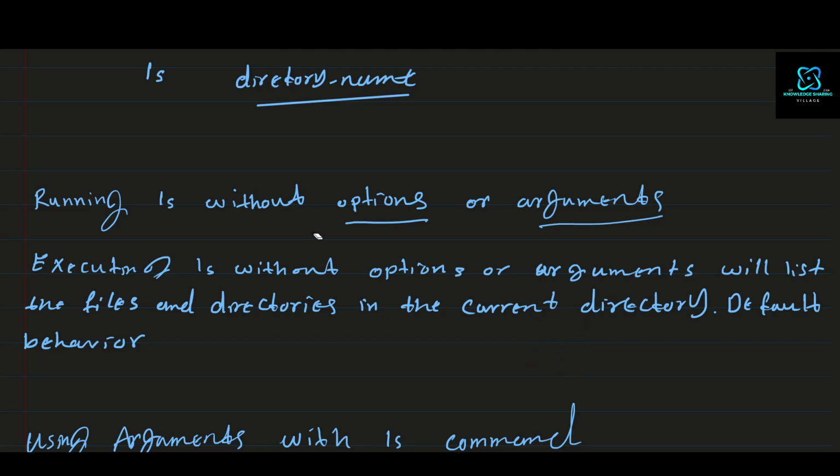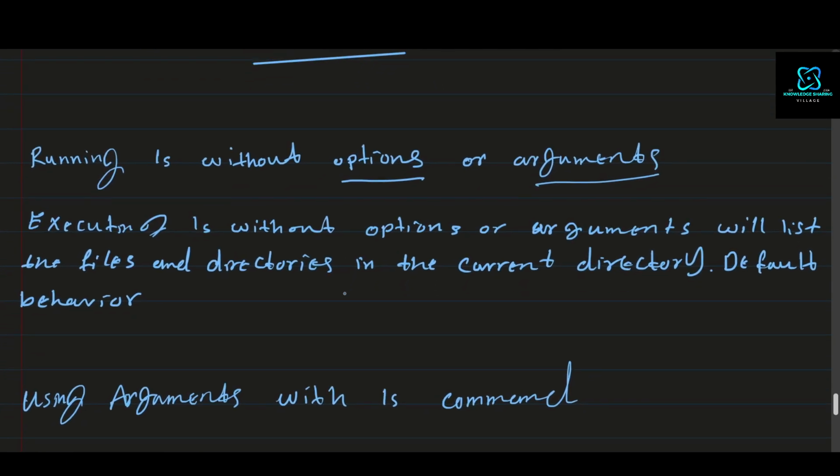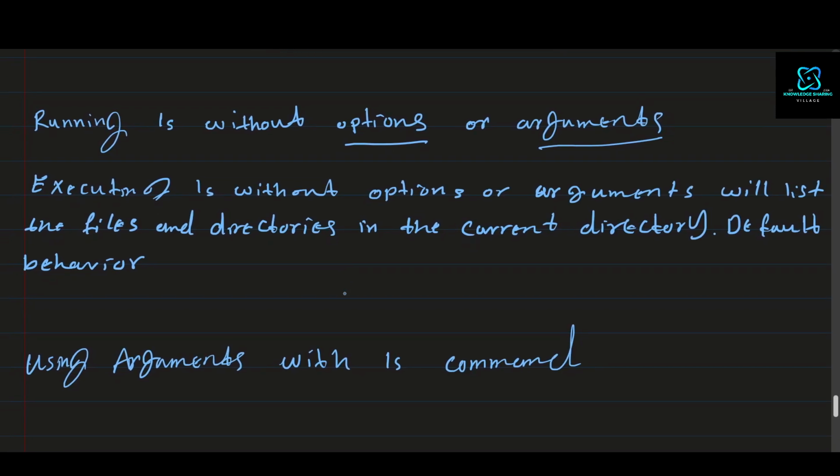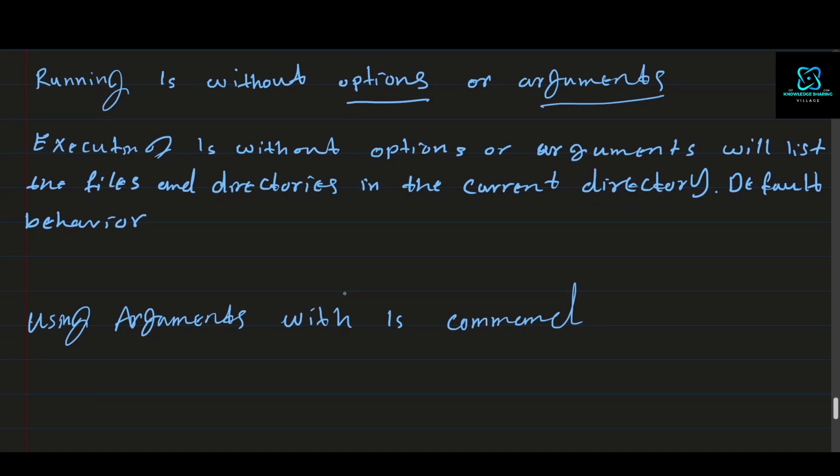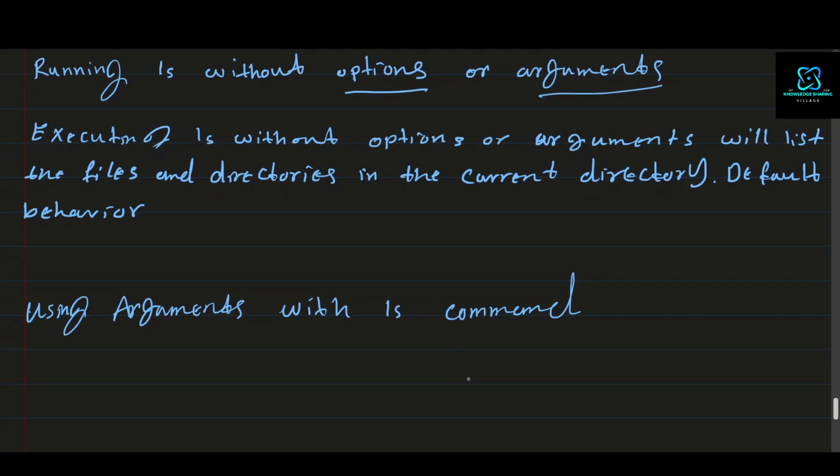So in the next scenario, we can use the ls command with just an argument without any option. This will be the topic of the second section. Okay, we are going to explain different types of scenarios using the argument with the ls command without any option.